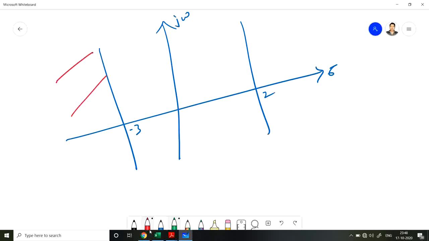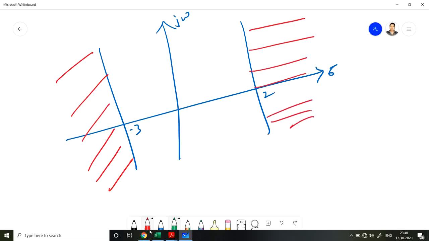The real part of s is less than minus 3 when it is e raised to the power minus 3t into u(minus t), and when we have e raised to the power 2t into u(t), the Laplace transform is 1 divided by s minus 2, and the real part of s is greater than 2. Now we can see that X1(s) exists and X2(s) also exists, and the ROC for both these signals exist.